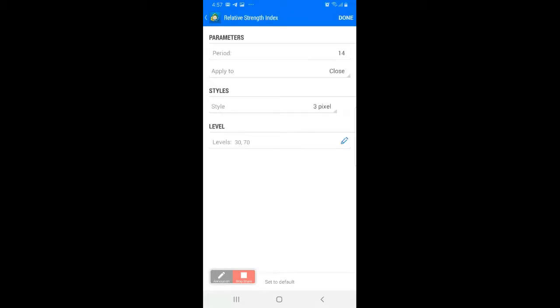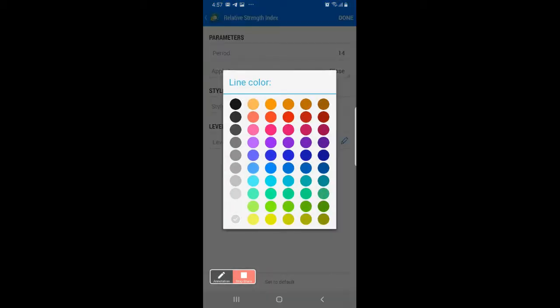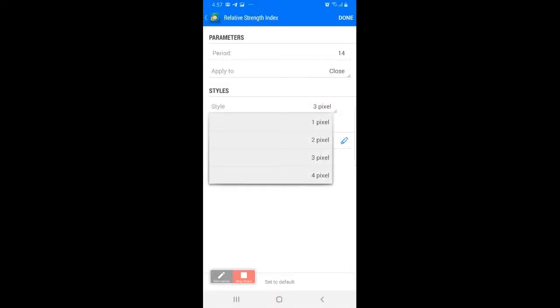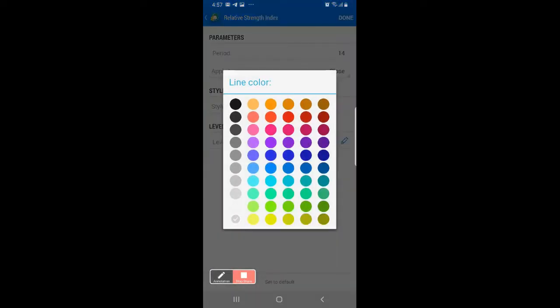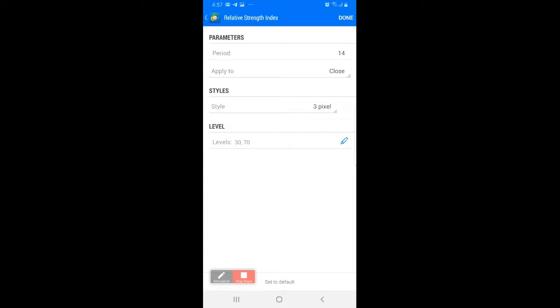Let's click on that. We go with the standard 14 as the period. Apply to close. For the style, we're going to do 3 pixel. Since my background is black, mine is going to be white for the color. If you have a white background, you can go with blue or black, whatever you can see clearly.